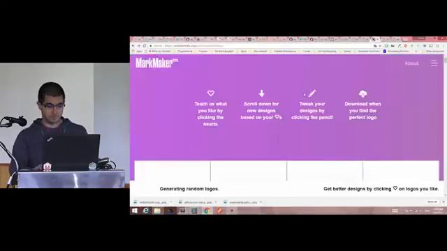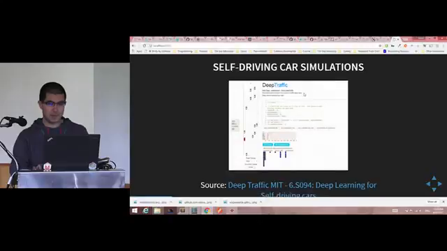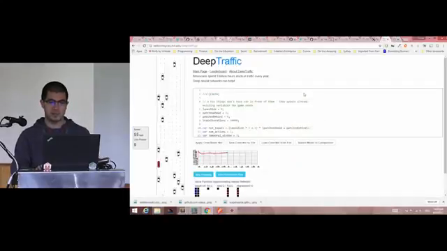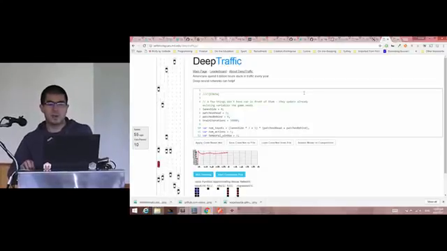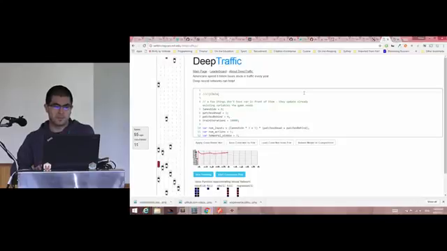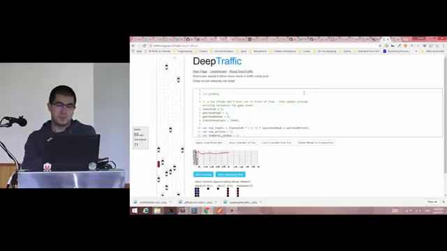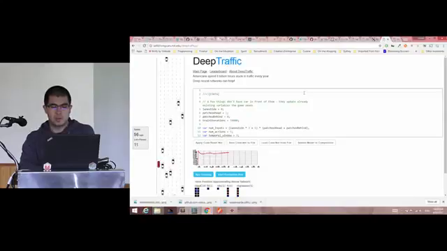But yeah, other interesting applications. Self-driving car simulations, obviously with Tesla being in the media. MIT did a course on self-driving cars, and to simulate how you need to recognize or adjust the parameters, they've done this simulation on top of a famous JavaScript framework called ConvNetJS.